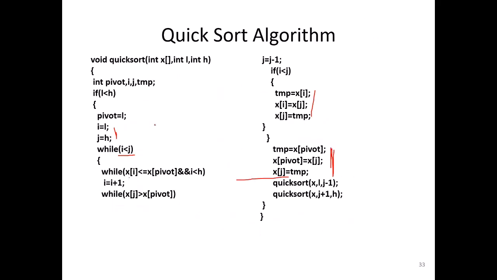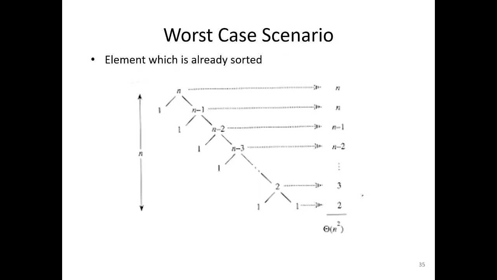In this quicksort algorithm we are calling two quicksorts. If you supply elements which are already sorted, this routine has n minus 1 elements initially in the first pass, then n minus 2 in the next pass, and n minus 3 in another pass.